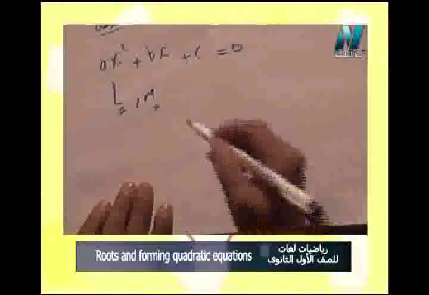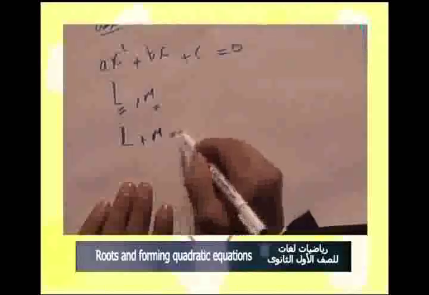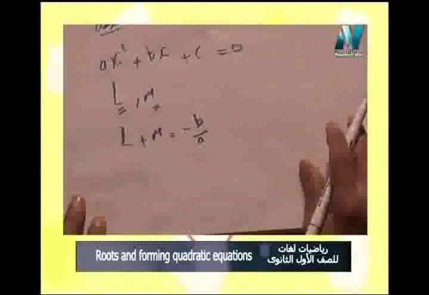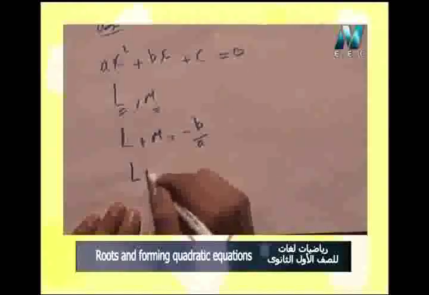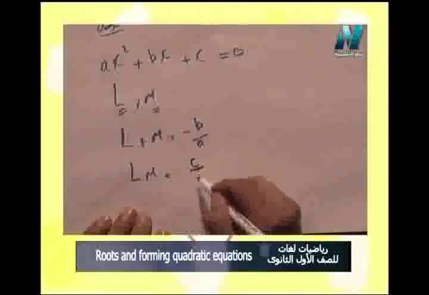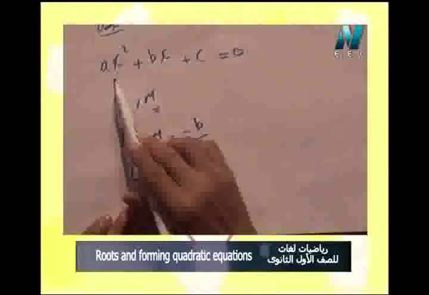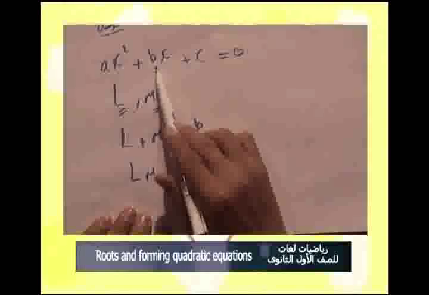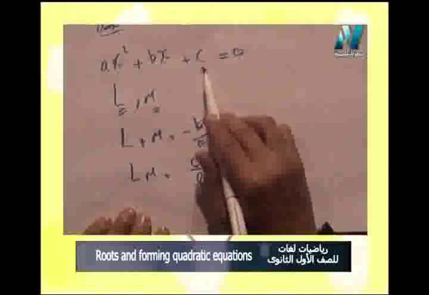Okay, so we know that L plus M equals negative B over A, and LM, the product of the two roots, equals C over A. Here A is the coefficient of x power 2, B is the coefficient of x, and C is the absolute term.